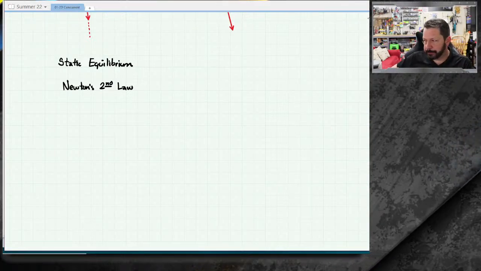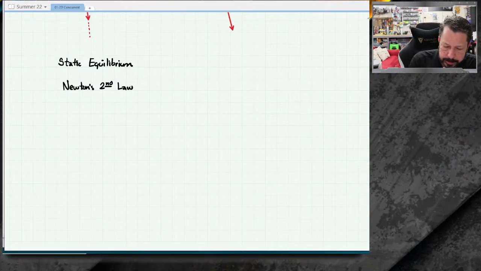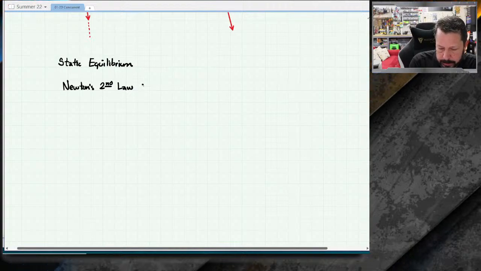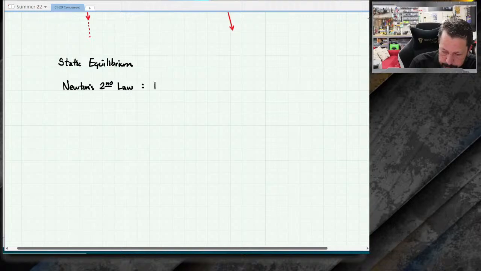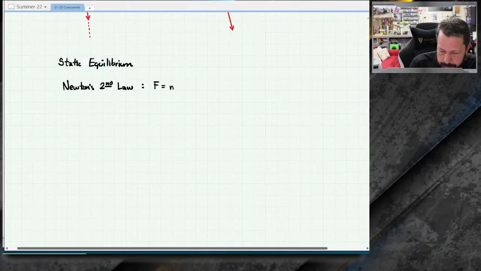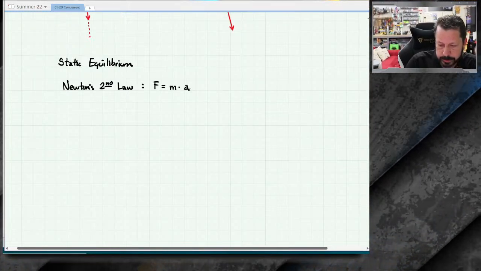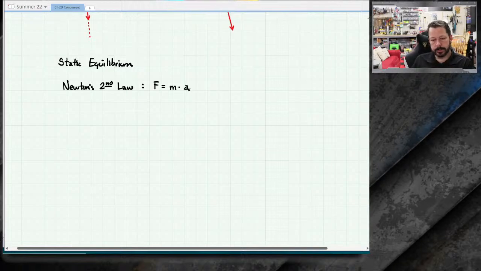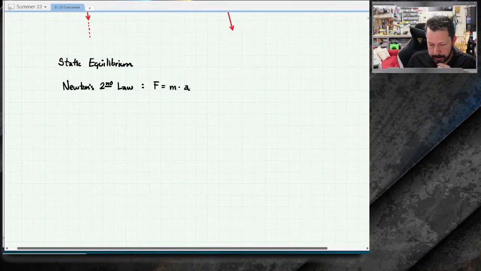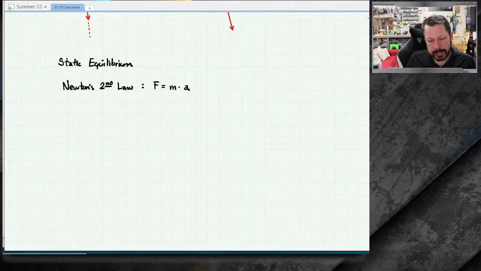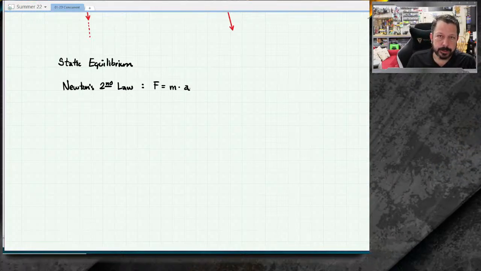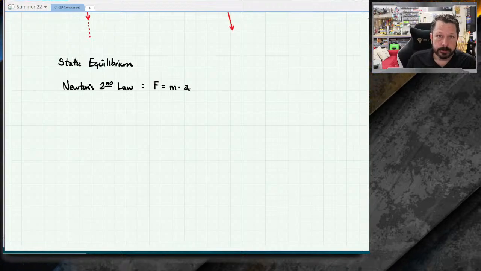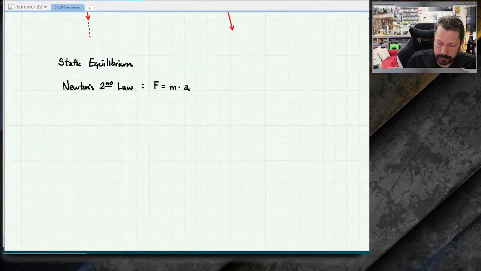But the second one is the one that gets described with an equation, that force equals mass times acceleration is Newton's second law. But when we're in static equilibrium, then the acceleration is 0. So we're not accelerating.